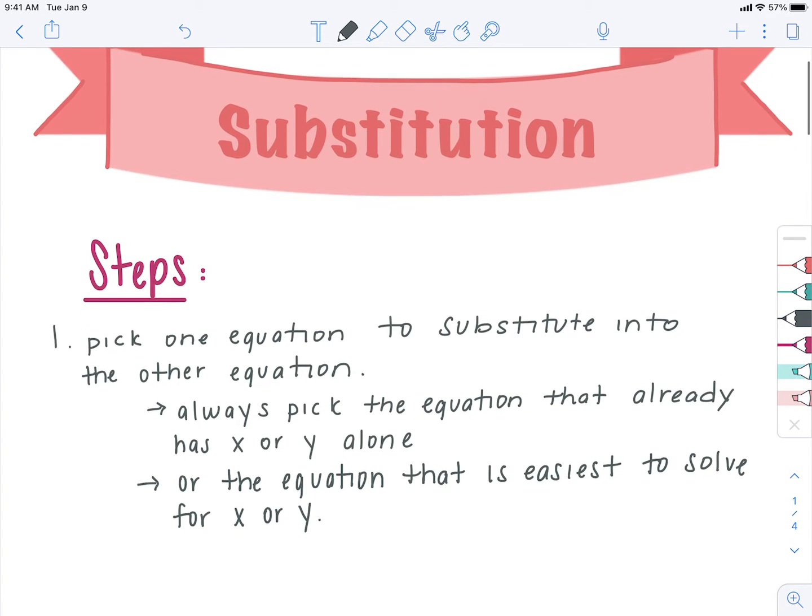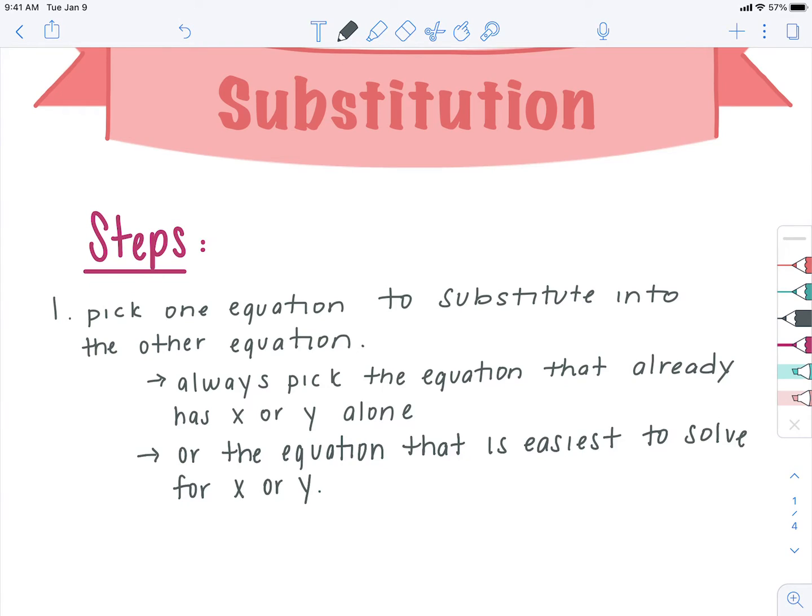So after we pick an equation to substitute, the next thing we're going to do is plug it into the other equation and solve.